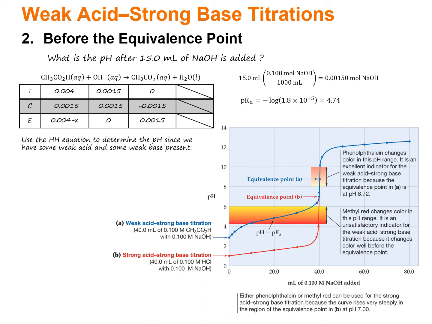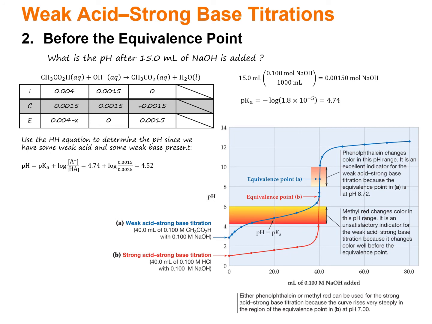If we have weak acid and we have weak base present, then immediately what we should think is the Henderson-Hasselbalch equation is going to be the easiest way to determine the pH for this particular solution, and that's why I calculated the pKa just a second earlier. So we have the pH equals the pKa plus the log of A minus over HA.